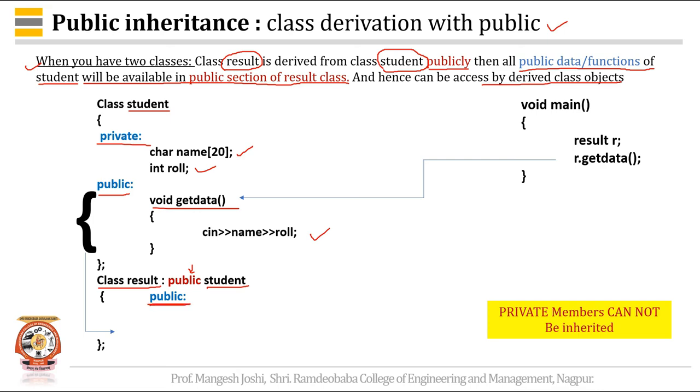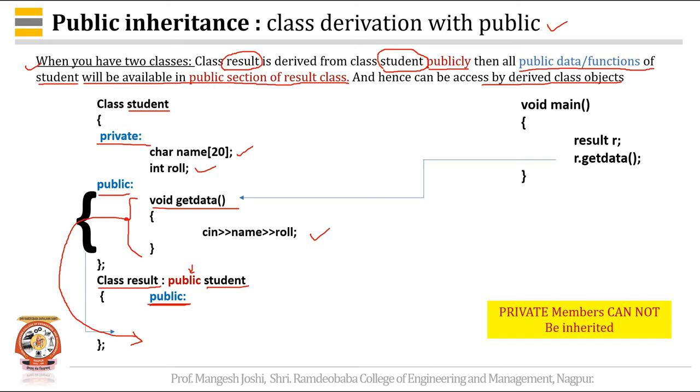Now as per the derivation using the public keyword, what will happen? This complete public section, that is only the getData function in this case, will be available in the public section of the derived class, that is result. You need not write all the lines of the code. That is the feature of reusability.